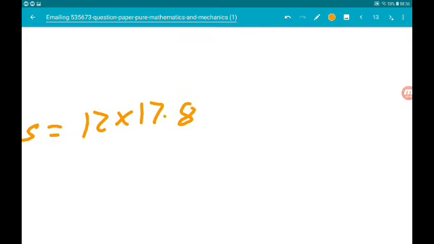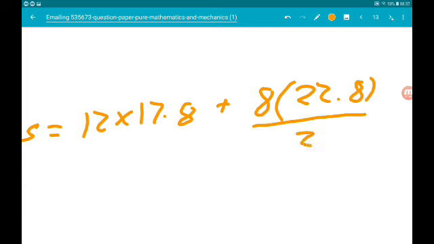So that's going to be 8 times 5 add 17.8, which is 22.8, all over 2. So work that on your calculator, let's see what we get.